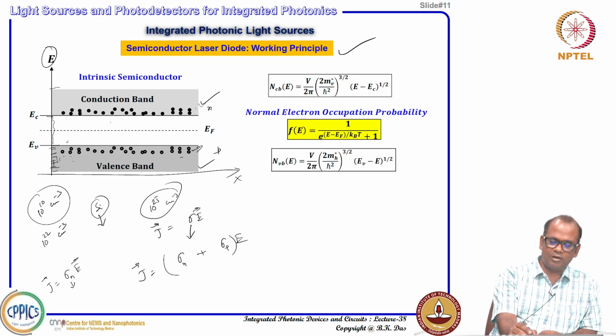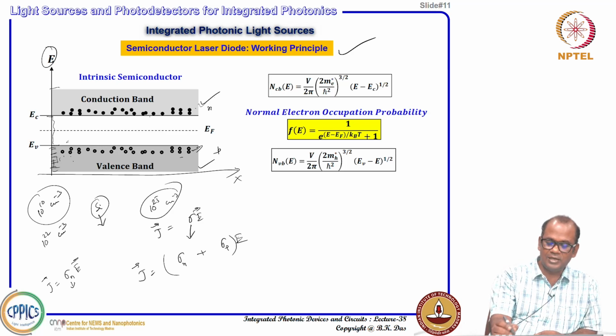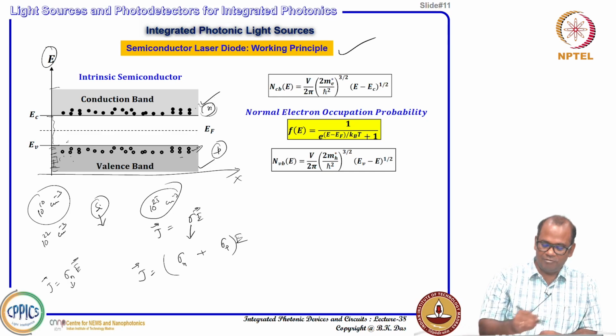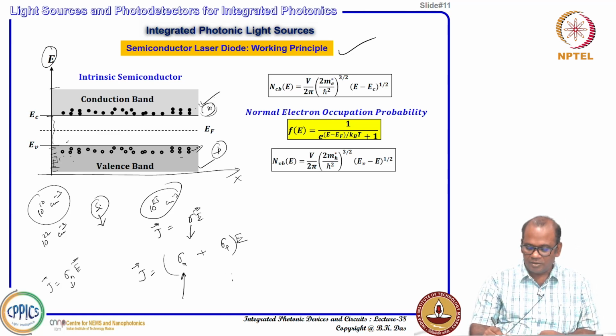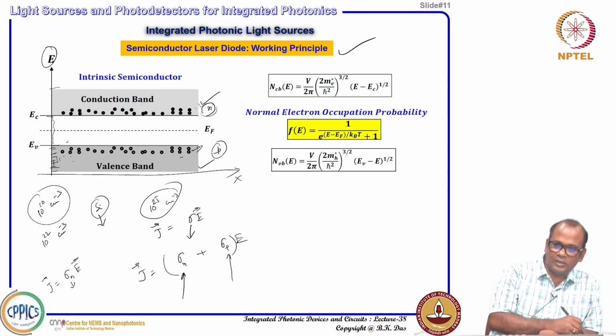But in case of a semiconductor, by doping you can change the free electron density n in the conduction band and or the hole density in the valence band, and depending on that you can enhance the contribution of sigma n or sigma p, together or individually.